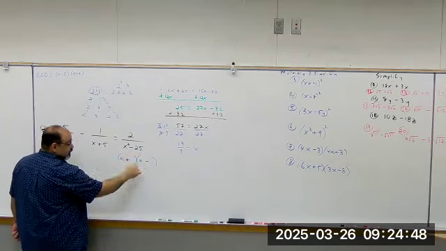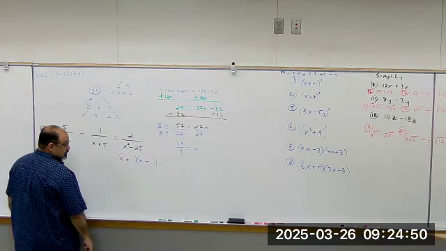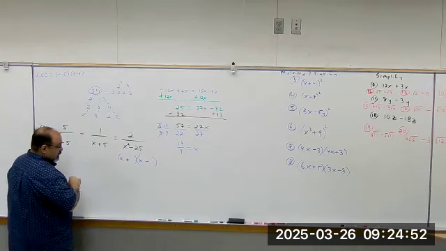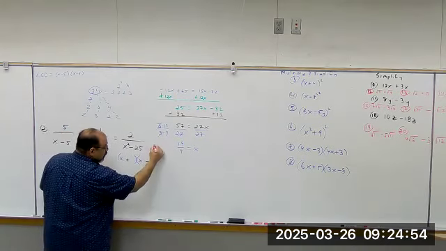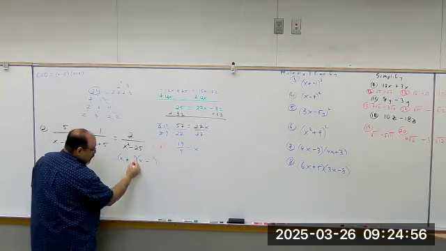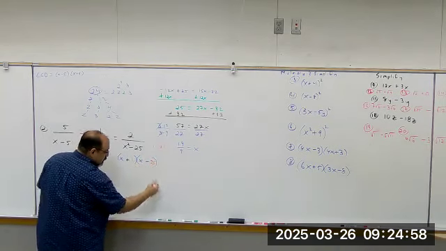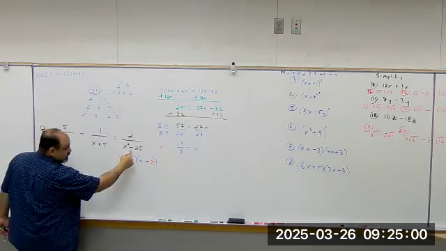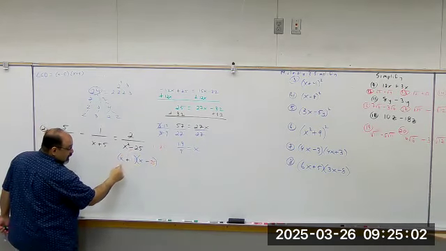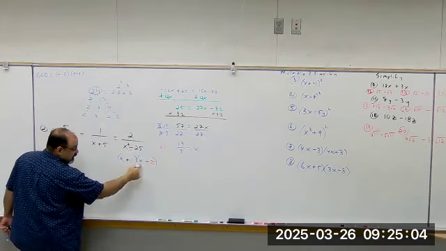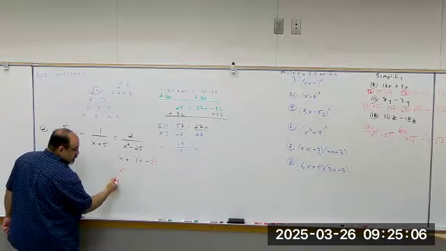Last times last has to make a 25. Well, there are 2 ways to make 25. You could do 1 times a 25. But the problem is I want 0 in the middle. If you FOIL this out, x times x, there's my x squared.